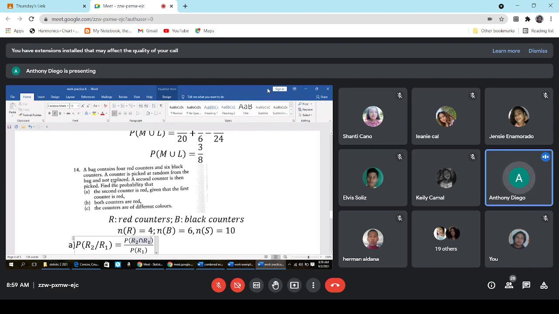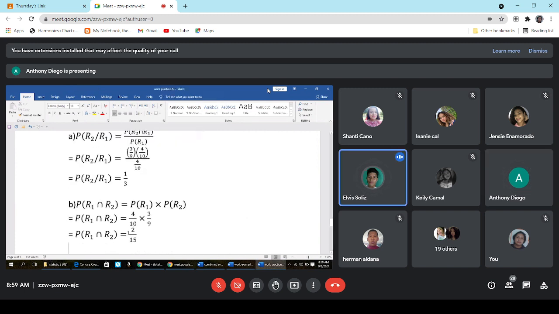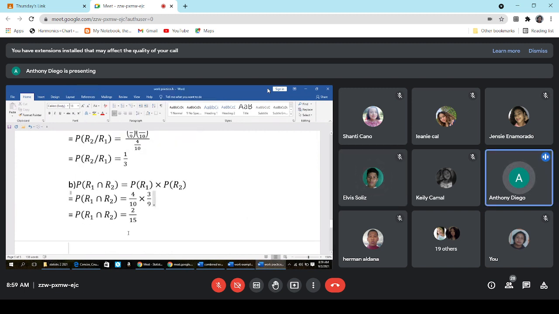Picking the first one will be 4 out of 10. Now, remember you have taken out one, so the sample space will be 9 and only 3 more red. So to pick a second red counter, it will be 3 out of 9. Is that clear? Yes, sir. Thank you. Okay, so that will be 2/15 then.